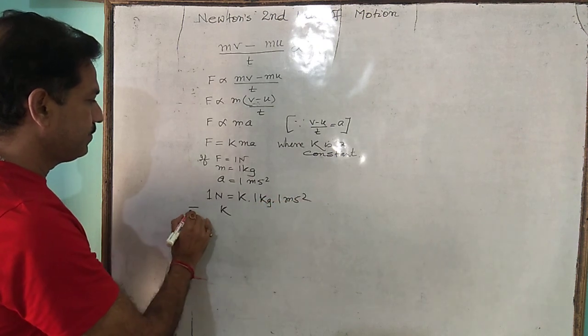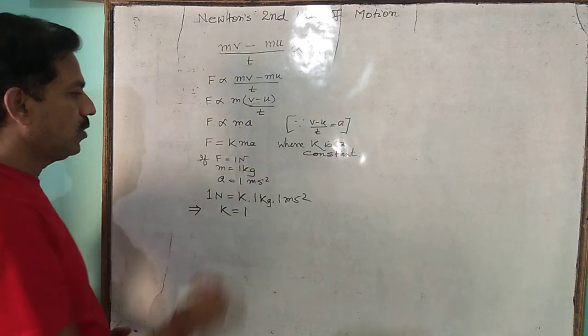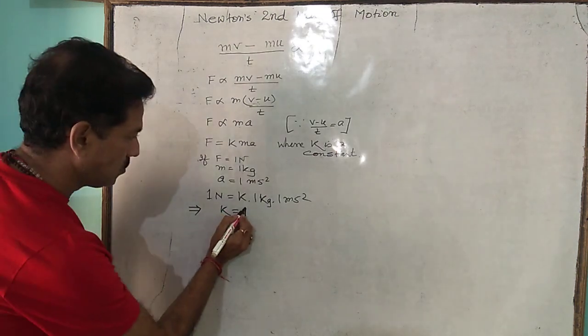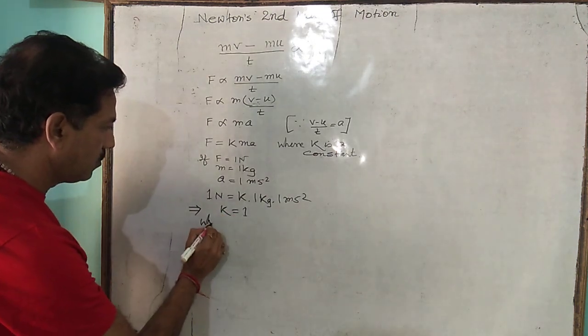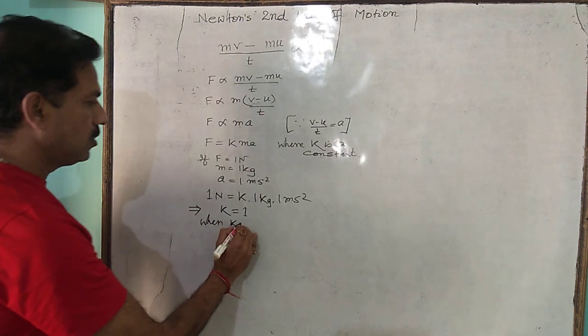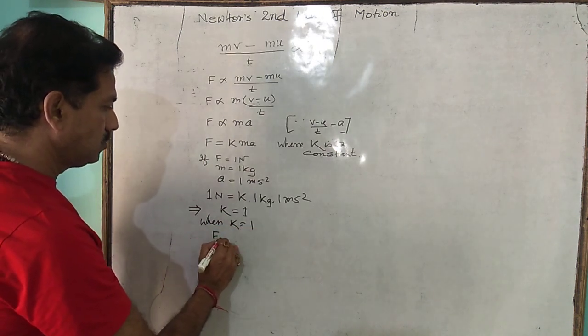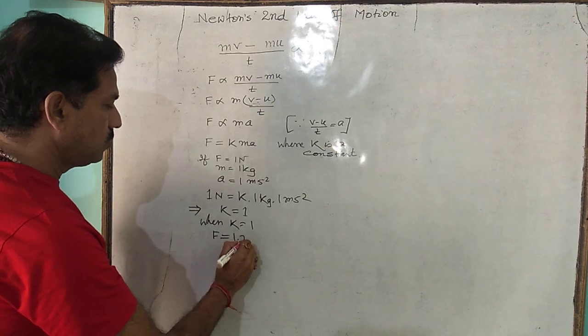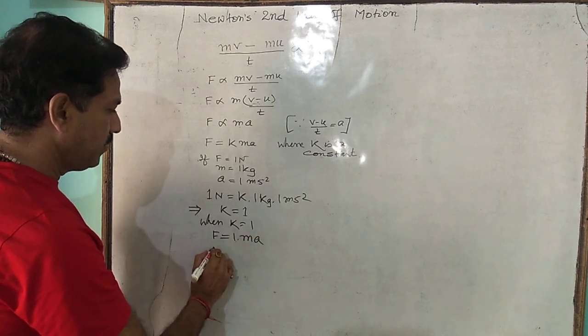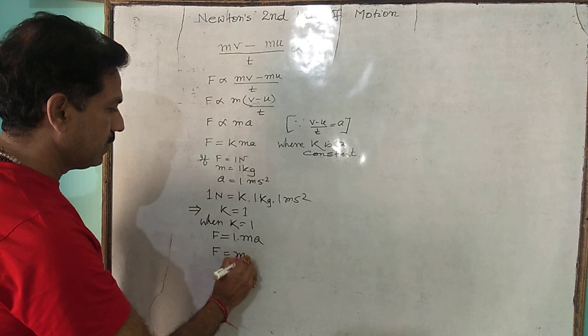That means k equals 1. When k equals 1, F equals 1 into ma. That means F equals ma.